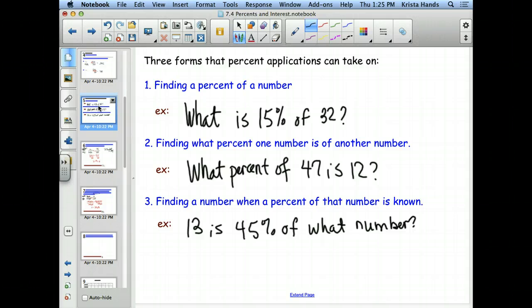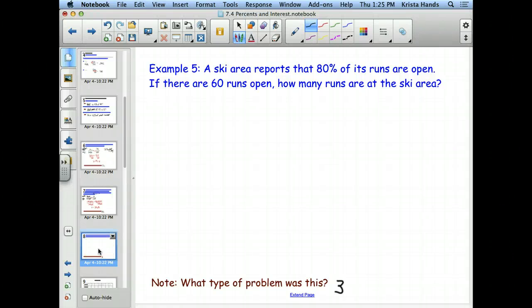Okay, so on case 3, I know it's a percent. I've got a percent given to me in the problem, so I'm either between 1 or 3. And in number 3, we talked about the issue is I know the discounted amount. I know the percentage amount, and I want to find the original amount. And that's exactly what this problem said. I know that there's a certain percentage of these runs open, and that equates to a certain number of them, but I want to figure out how many runs are at the ski resort.